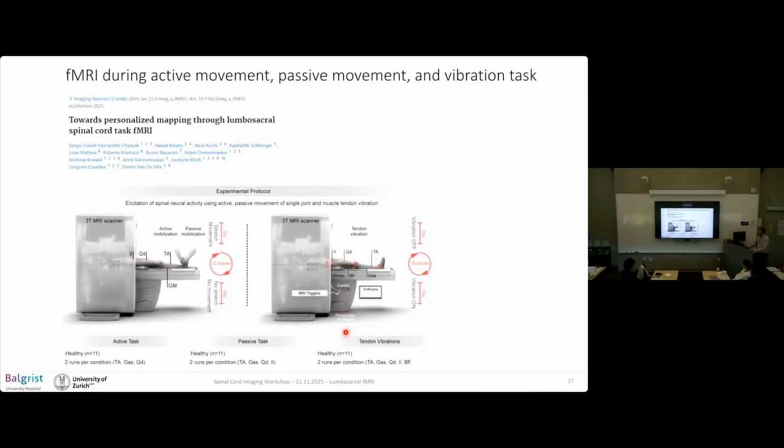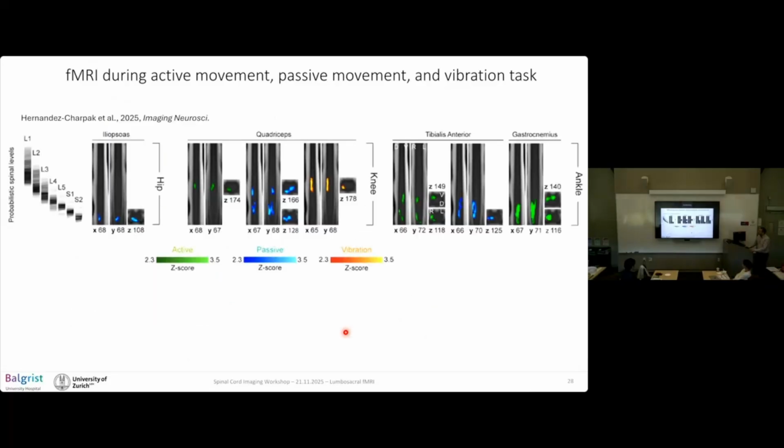They tested different tasks. And at group level, here you can see the results. They observed, on one hand, a rostral-caudal distribution between the different muscles. So, for example, here you can see that the knee-related activations appeared higher than the ankle when stimulating the ankle.